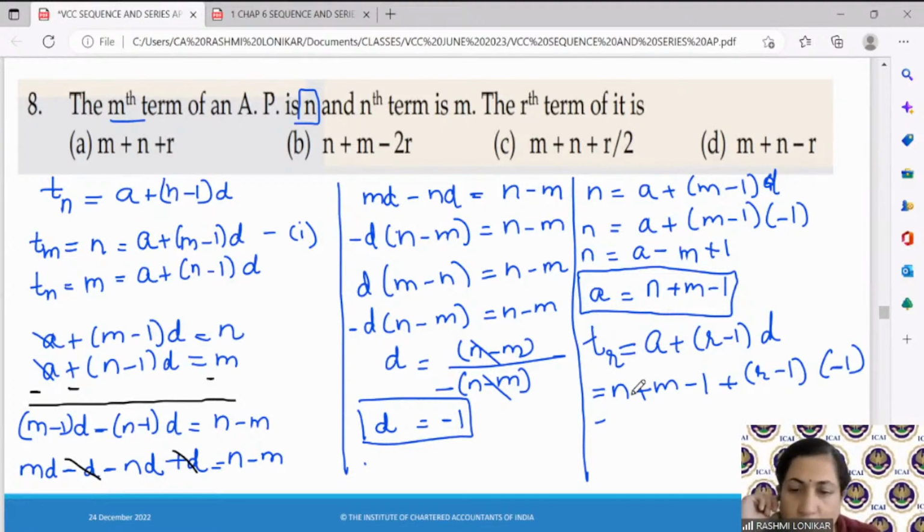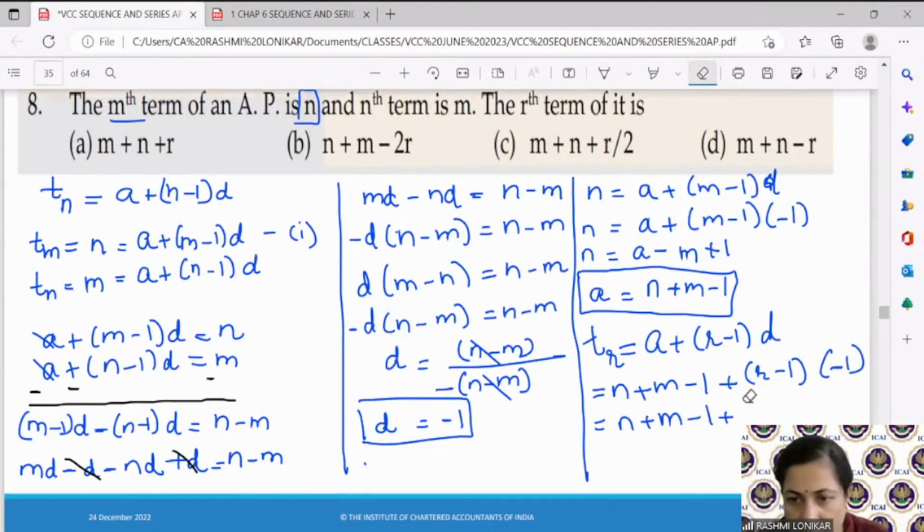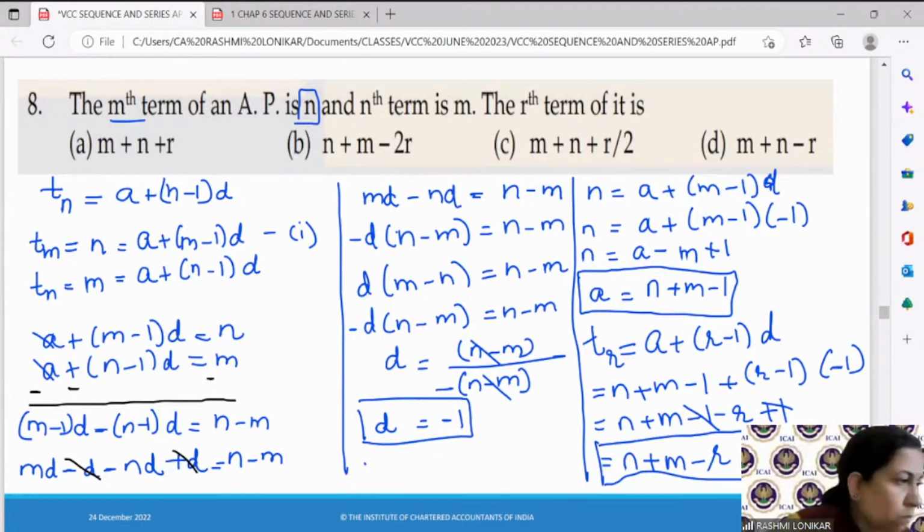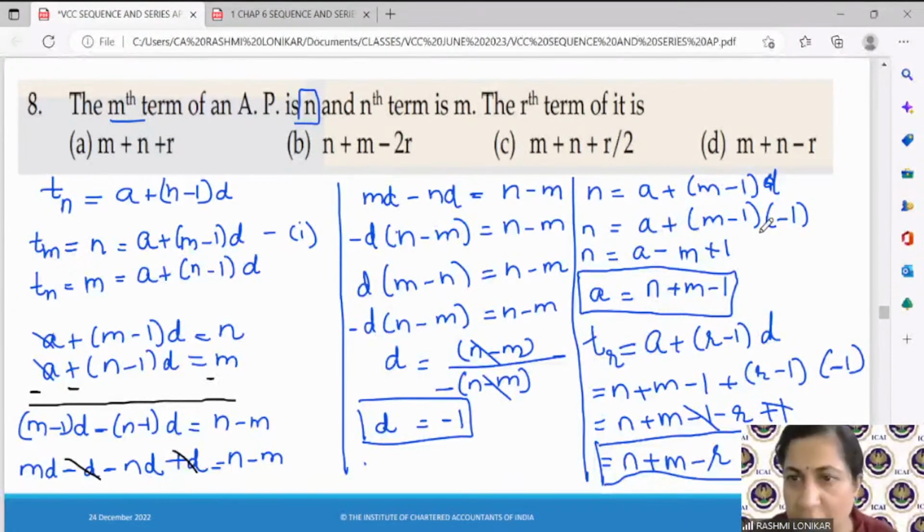So this is equal to n plus m minus 1, now plus r into minus 1 is minus r. Minus 1 into minus 1 is plus 1. So this plus 1 and this minus 1 get cancelled. So what I am left with is n plus m minus r is equal to T of r. So this is the 8th sum. What is the answer? D is the answer, right? n plus m minus r.